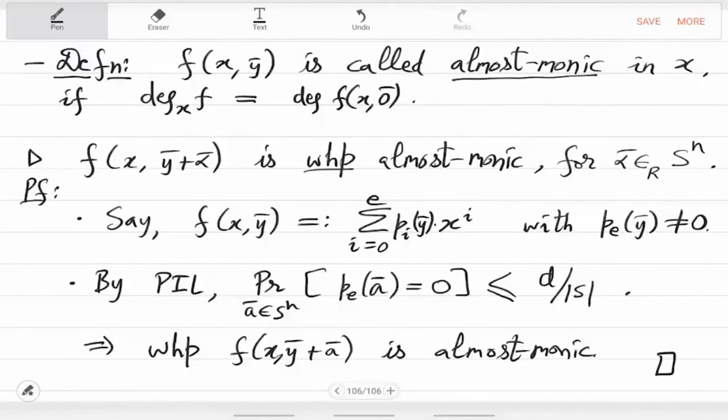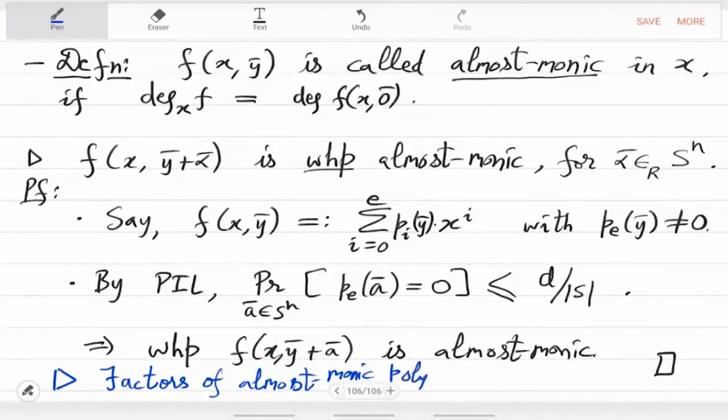You can also observe one simple thing, that factors of an almost monic polynomial are also almost monic, right? Factors of monic is monic.